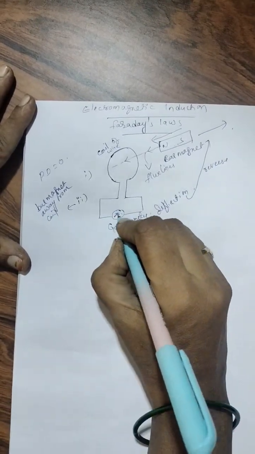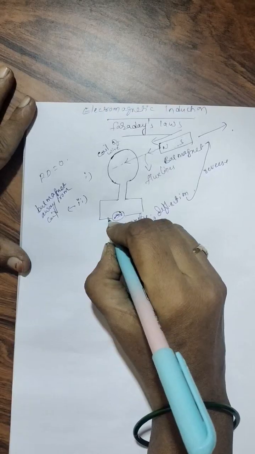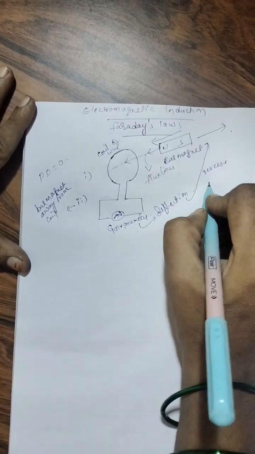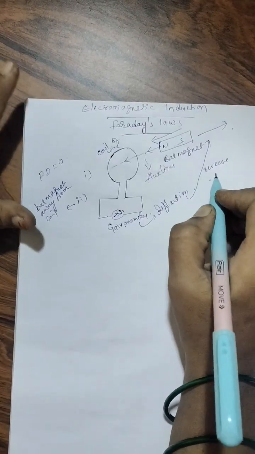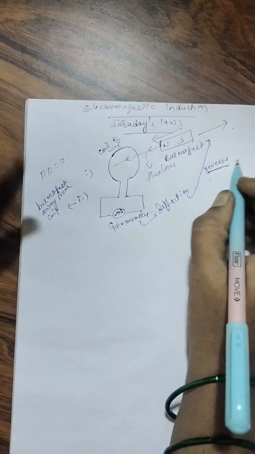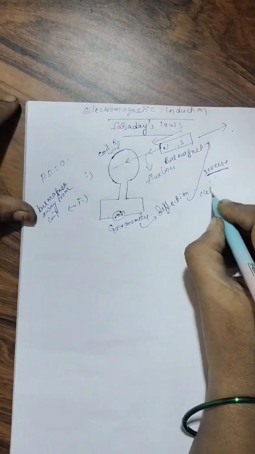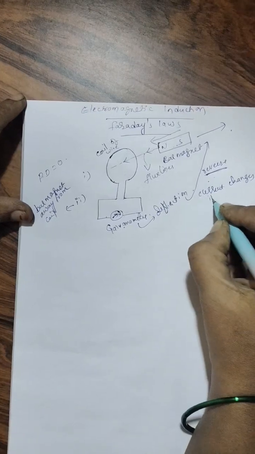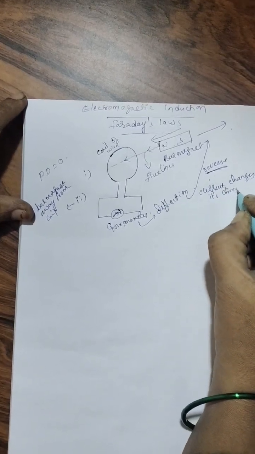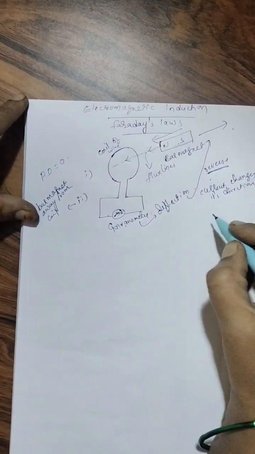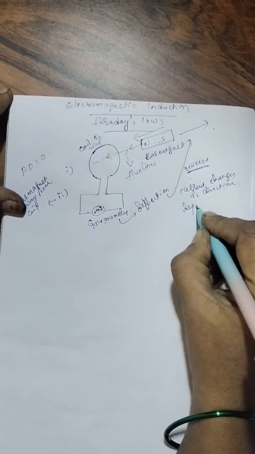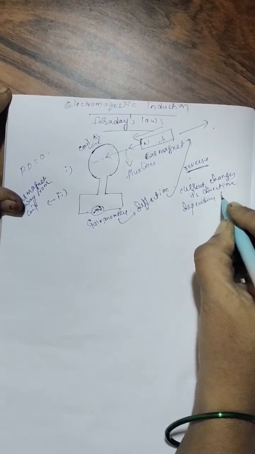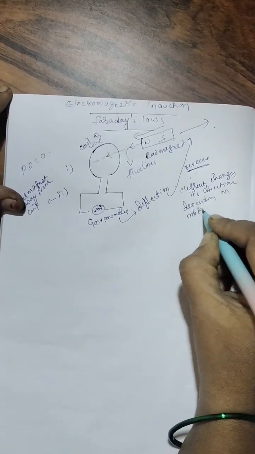If the deflection was towards this side first, then it will now be towards the other side. This reverse direction shows that the current changes its direction depending on the motion of the magnet.